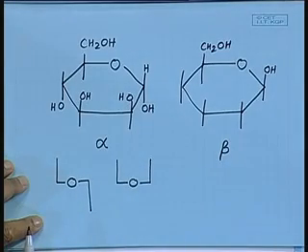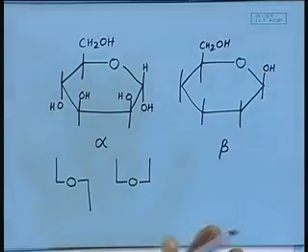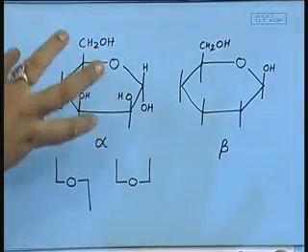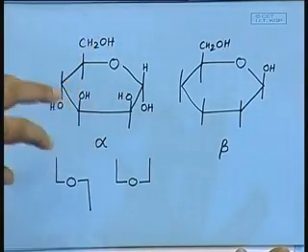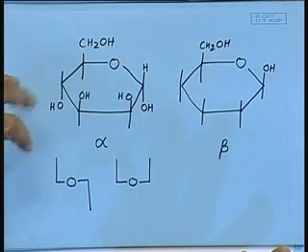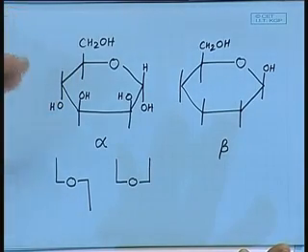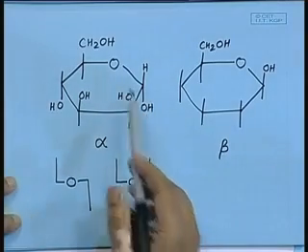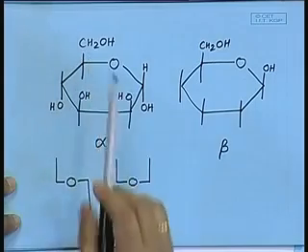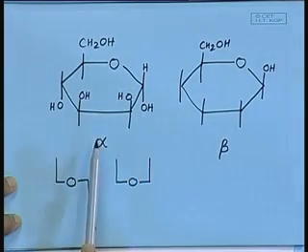Is that clear? What we are looking at is we are not looking at our monosaccharide unit only anymore. We are going to link this monosaccharide unit with another monosaccharide unit, forming a glycosidic linkage. In the formation of the glycosidic linkage, we have to look at the disposition of the OH with respect to the CH2OH. That is going to determine whether this is alpha or beta.